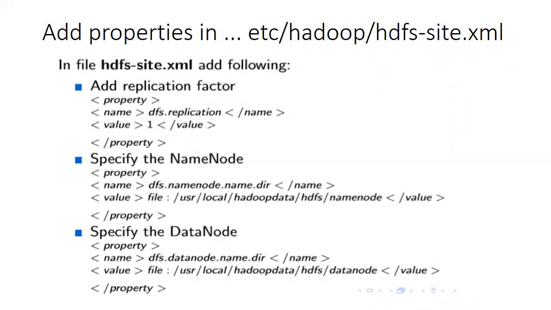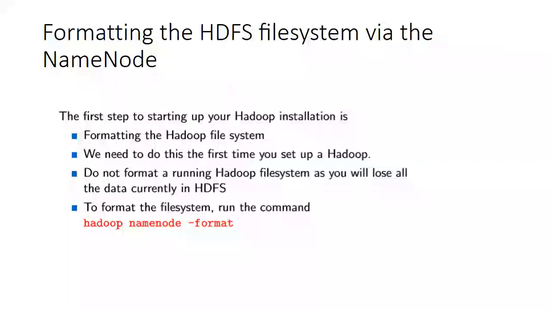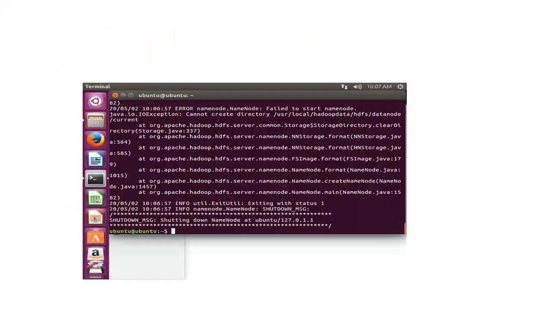The next one, before executing the cluster, the first time you should format your name node. The command to format your name node is hadoop namenode -format. You can see here we use the command.